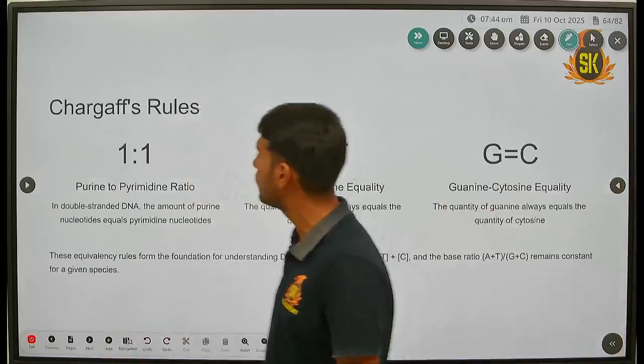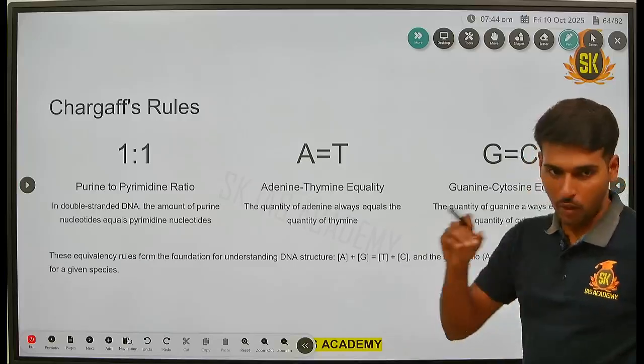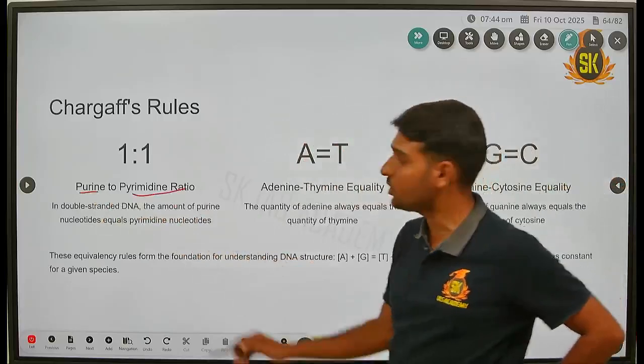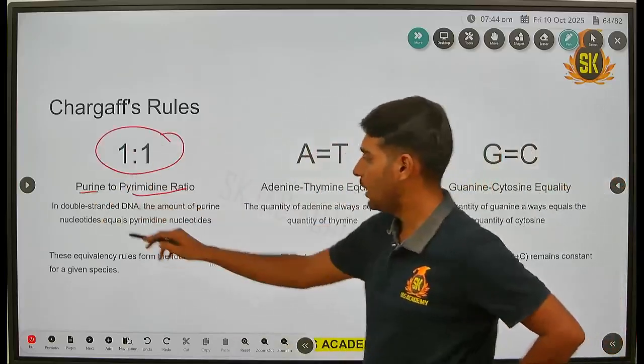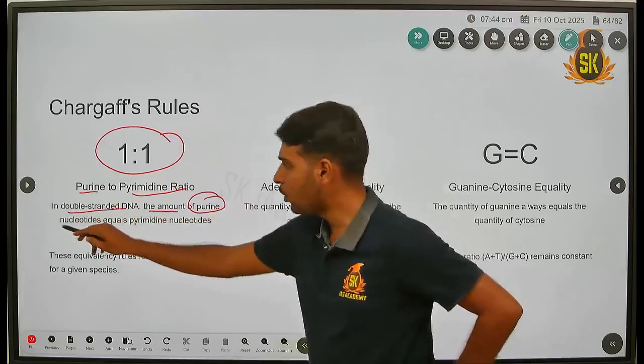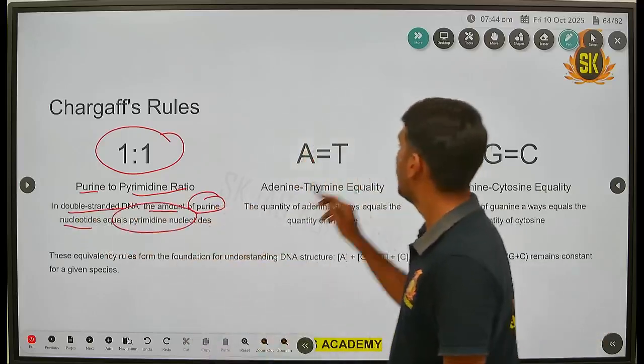Now we will be dealing with Chargaff's rule, a very important rule. The purine to pyrimidine ratio is 1:1. In a double stranded DNA, the amount of purine nucleotides is equal to the amount of pyrimidine nucleotides.